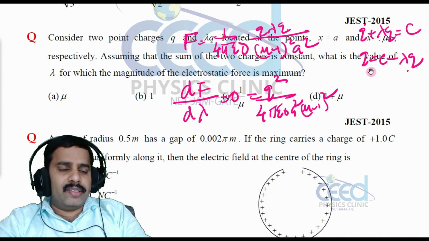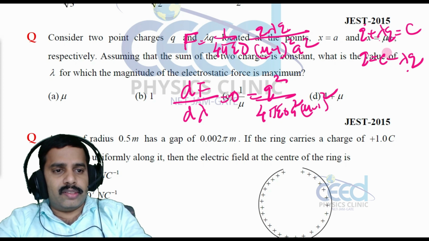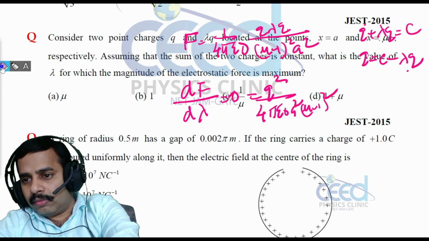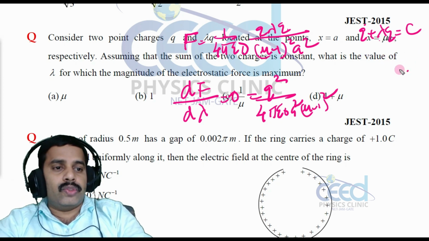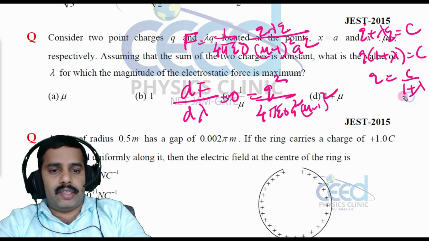We can replace the value of q, since we have already been given q into (1 plus lambda) is equal to C, so q we can replace with C by (1 plus lambda), right?